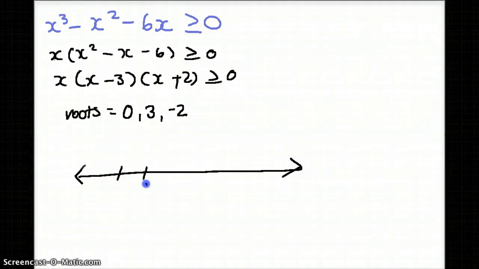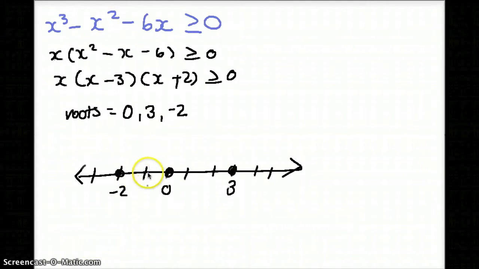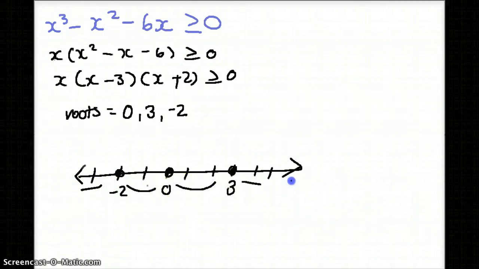We have negative 2, 0, 3. Then I'm going to draw closed dots on each one of them. After we mark these spots, we're going to do the exact same method. We're going to plug in numbers in this region, this region, this region, and this region.